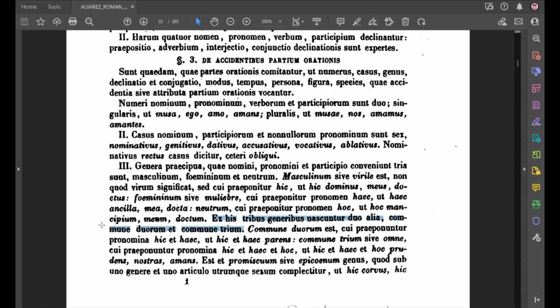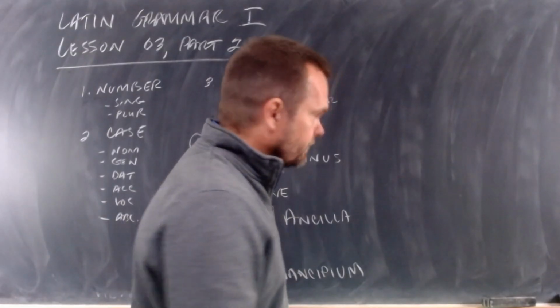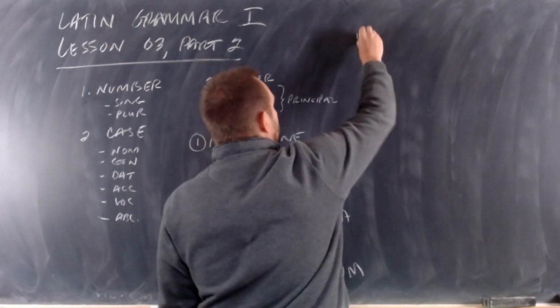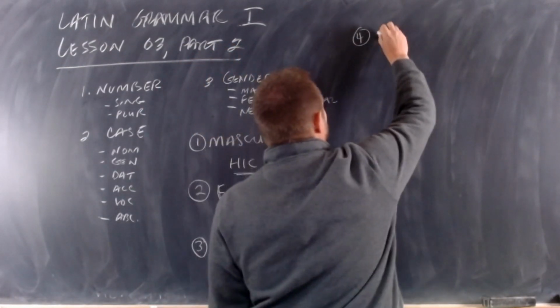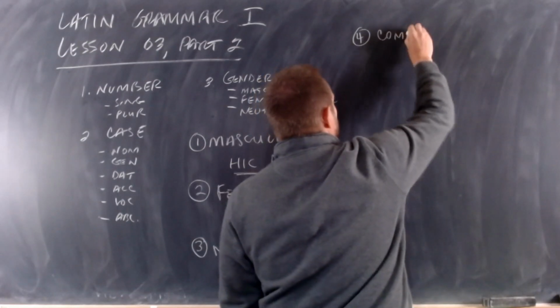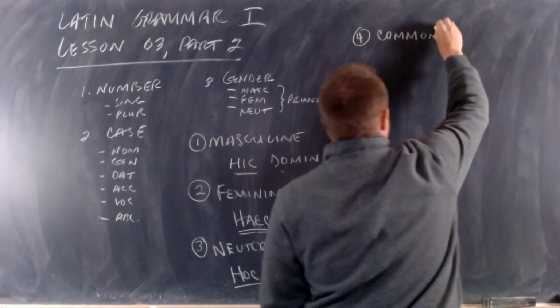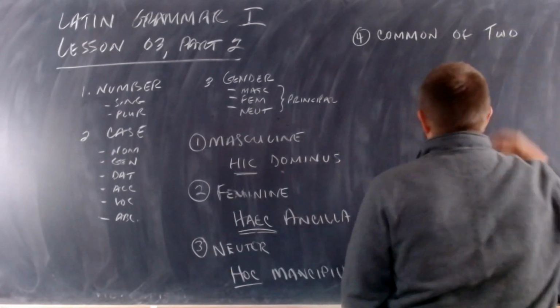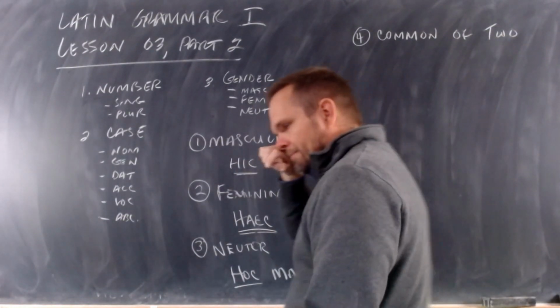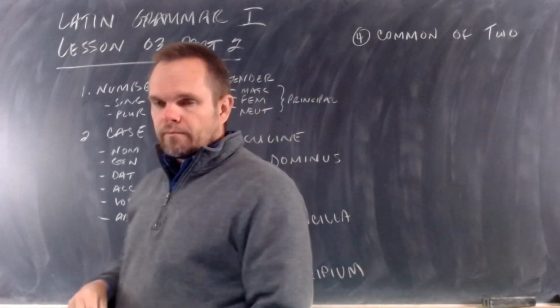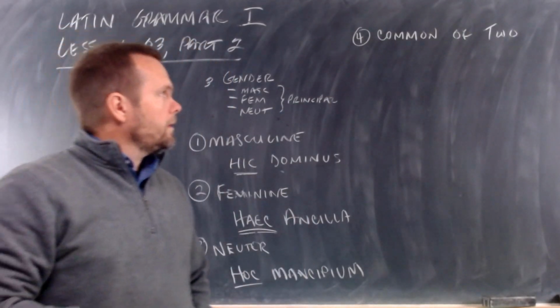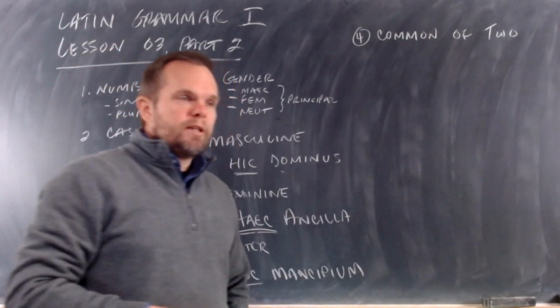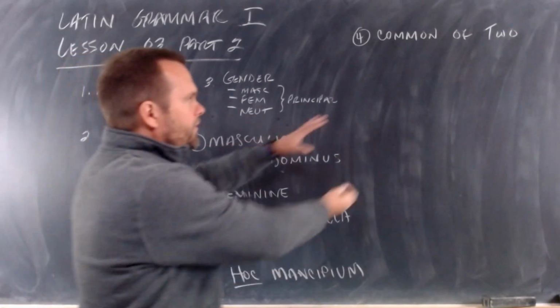And the first one is the common of two, commune duorum. So the fourth gender we learn is called the common of two. Commune duorum is the Latin. Common of two gender is born out of these genders.